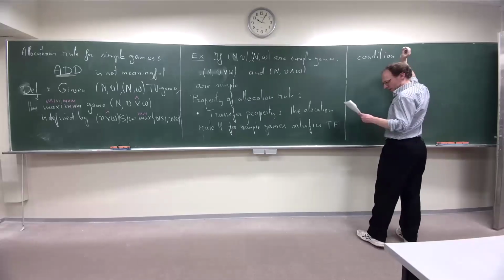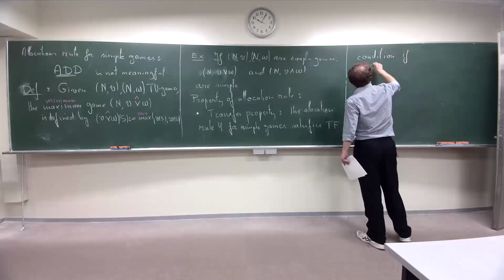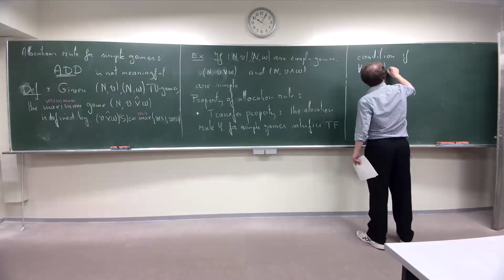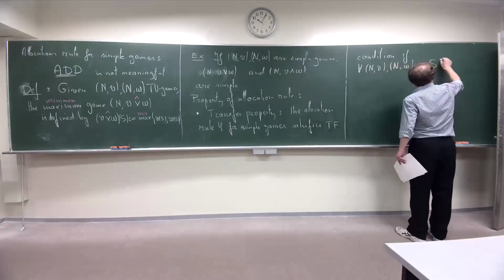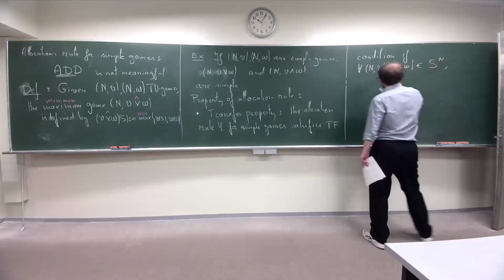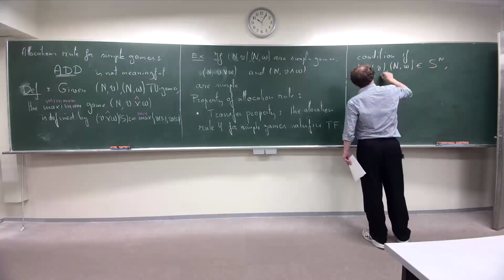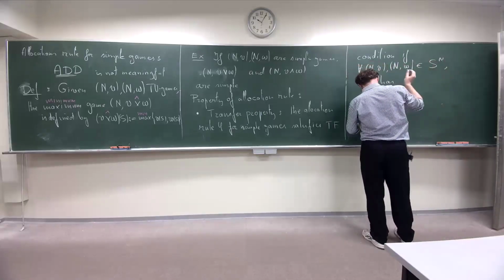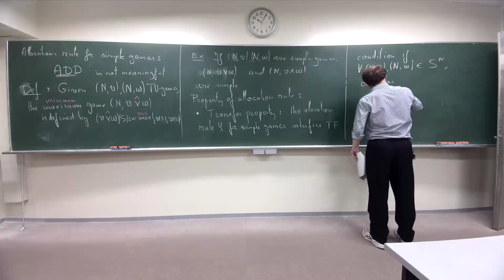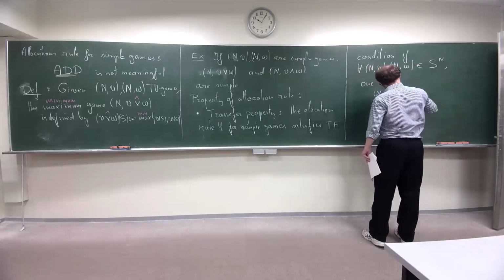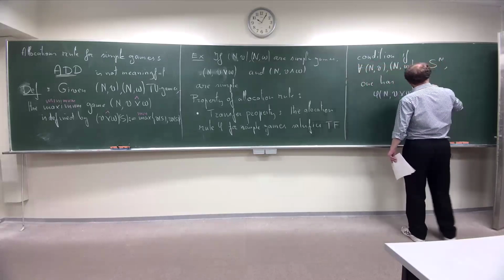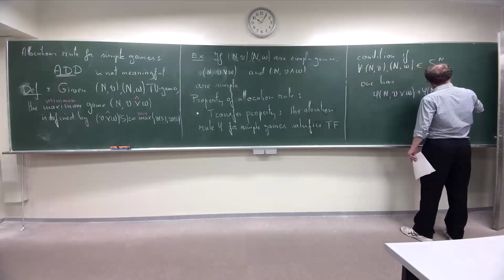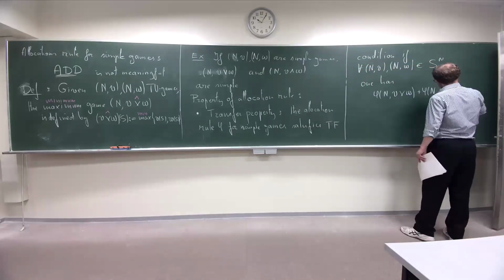If for any NV, NW simple games, we have phi of n with minimum game plus phi of n with a maximum game.